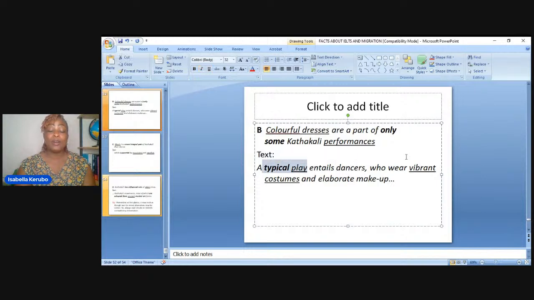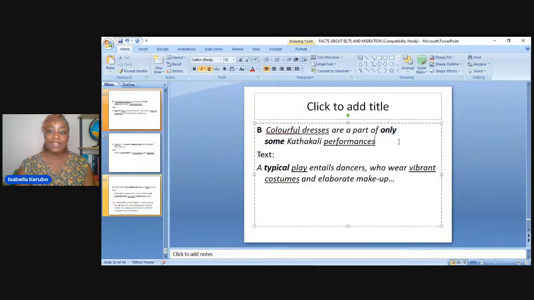So it cannot be only some. Okay, so the vibrant costumes and elaborate makeup describe these Kathakali dance performances. So automatically, this part here, only some, disqualifies this answer from being the correct answer.